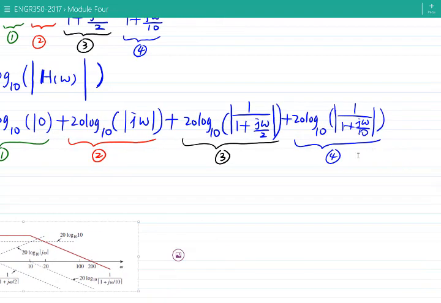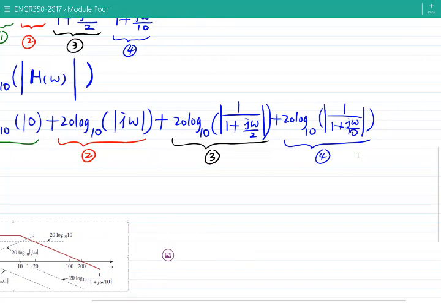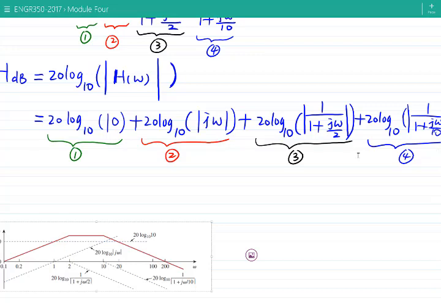Factor number 4 is the so-called simple pole or first order pole. For factor number 3, the corner frequency is equal to 2, and for factor number 4, the corner frequency is equal to 10. This is something that we have to know.